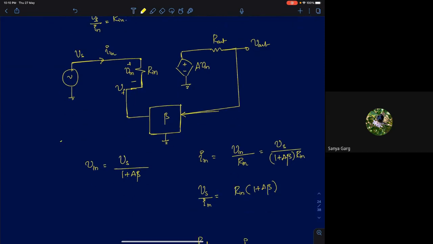Now shown here is a negative feedback voltage input, voltage output amplifier. Now what I'm doing here is feeding this voltage Vout entirely to this feedback network. I'm going to make some very simple assumptions about this feedback network. This feedback network is drawing zero current, which means it's not loading the output.